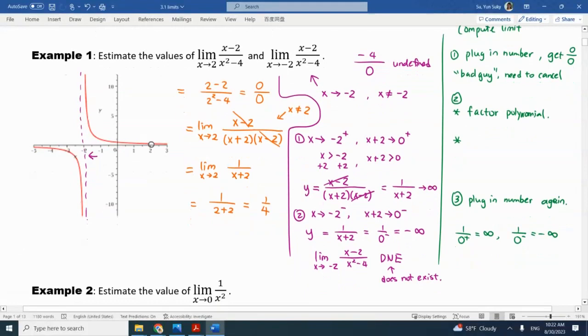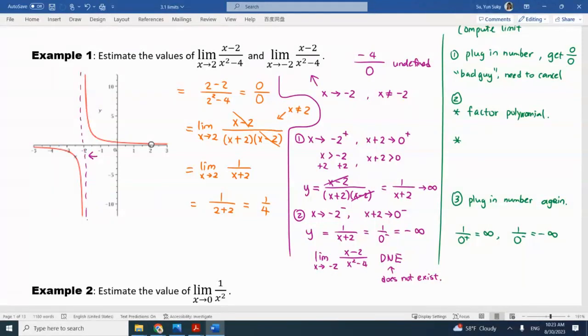Okay. Yeah, this is usually what happens when you see a rational function. You think about the domain. Domain is when the denominator is not equal to 0, right? So when you look at the domain, x squared minus 4 cannot be 0. So x cannot be 2 and negative 2.